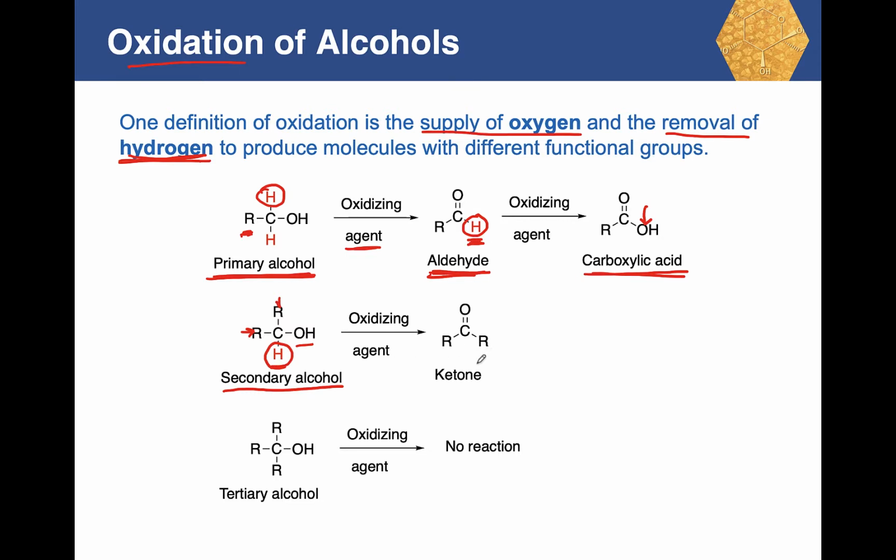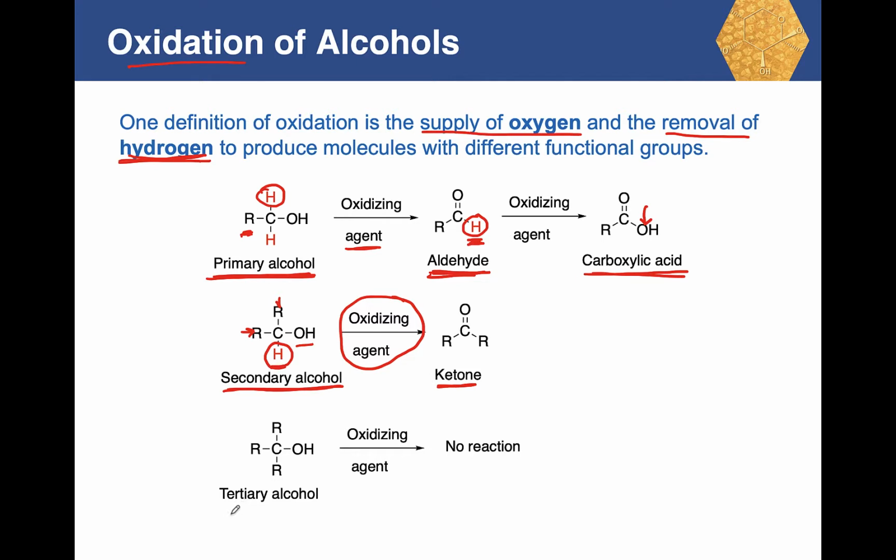So notice it is gone in the product. In addition, the OH is converted to a carbon-oxygen double bond, oxidation. So the secondary alcohol, in the presence of an oxidizing agent, is converted to a ketone.